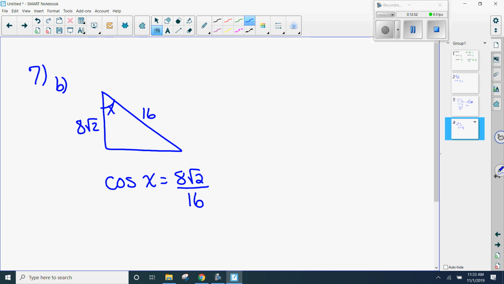What does 8 radical 2 over 16 reduce down into? Radical 2 over 2. Oh, now that looks like something I know, right? You get cosine, so you want your top fingers to be radical 2, which means what finger do you fold in? Your middle finger, which is how many degrees? 45. So B happens to be a 45-degree angle.